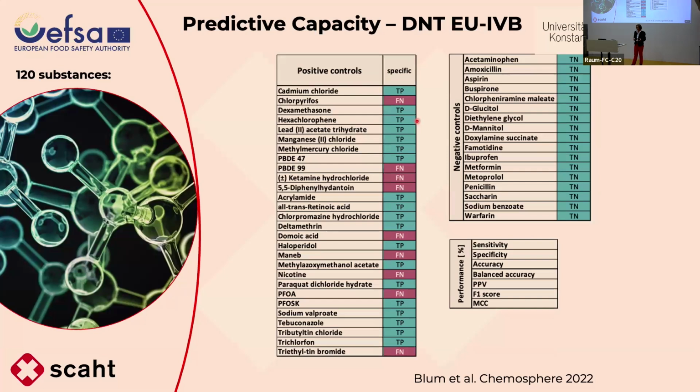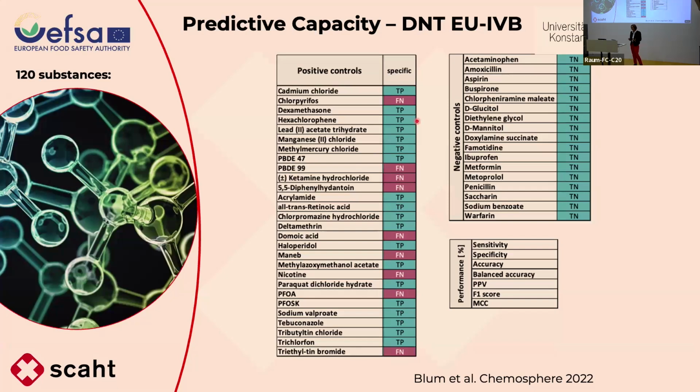And the US EPA actually also tested the same compounds in the US. What is very difficult for DNT is to find positive and negative compounds, because there is just not that much information out there, because there is a huge data gap. We just don't know of these 30,000 compounds if some of those interfere with human brain development.